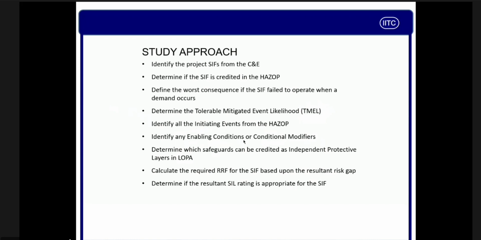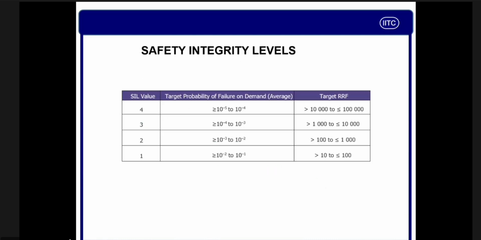These are applicable only for nuclear plants, aviation, and other kinds of reacting plants. And of course, we will identify all the IPLs, and we will take credit of all the PFDs of the IPLs, and then we will calculate the RRF, risk reduction factor, and then on the basis of RRF, we will define the safety integrity level. I hope this step is very simple and you guys are familiar. If you have any question, at any point of time, please feel free to ask me. If I have the answer, I will definitely come back to you.